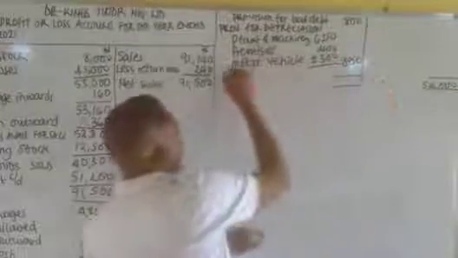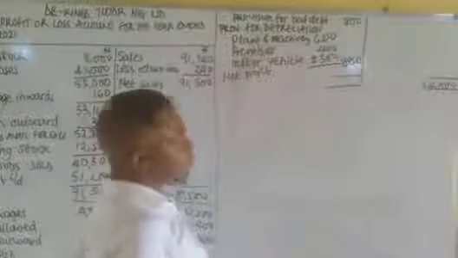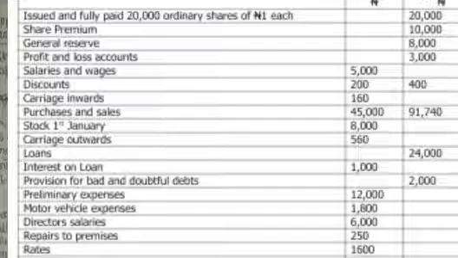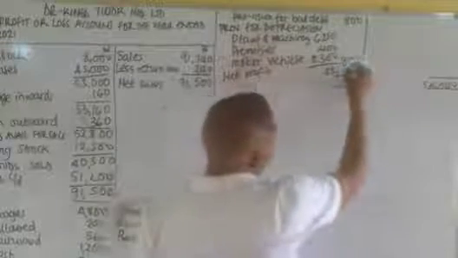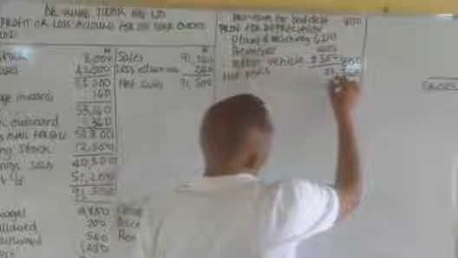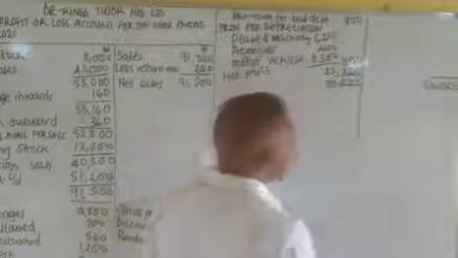And if you add up the expenses part and deduct it from the income, the balance will be 23,260. What is 23,260? That's the net profit.